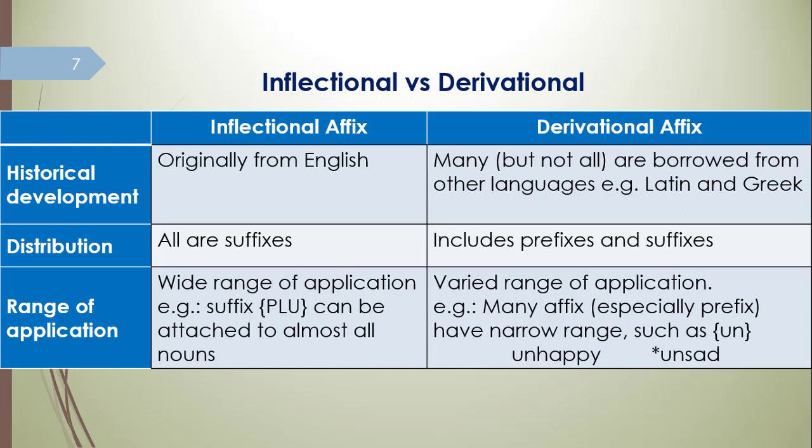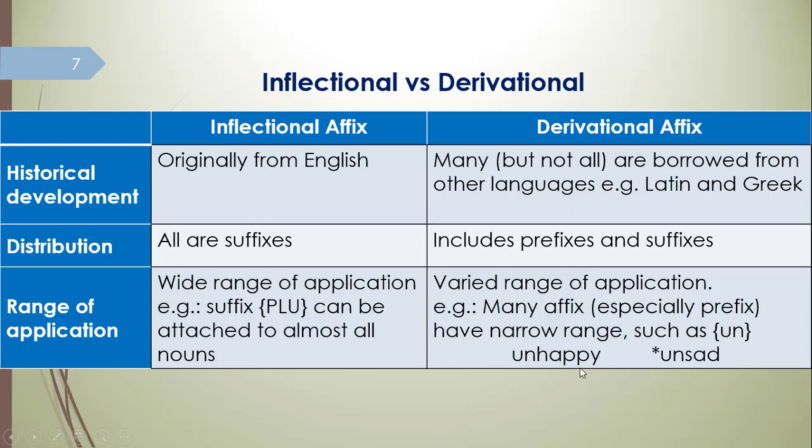For example, many affixes, especially prefixes, in derivational affixes have a narrow range, such as un-. Un- can be attached to happy and it becomes unhappy. However, un- cannot be attached to sad. So you can see the asterisk symbol here. Asterisk means that it is wrong. *Unsad is wrong.